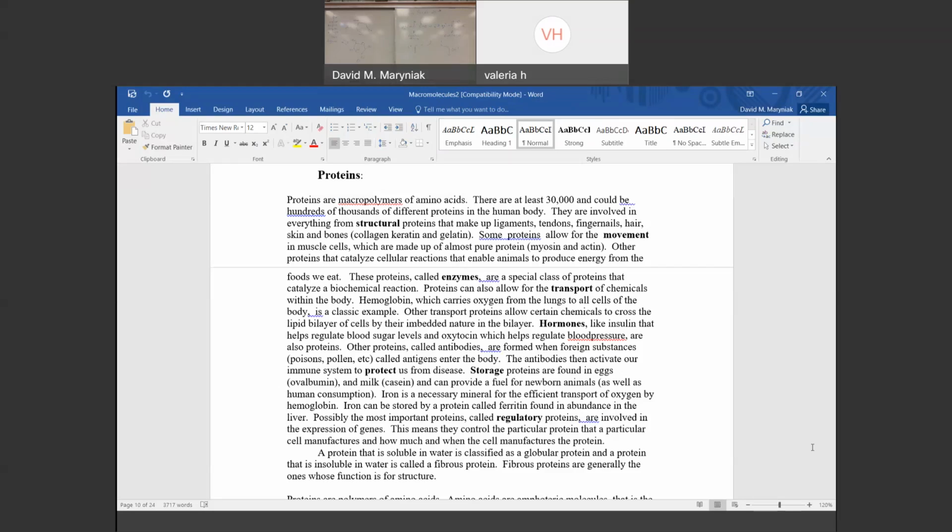There are many classes of enzymes, but almost all proteins that are enzymes end in -ase. So if I say sucrose, what is that? Sucrose is a disaccharide.